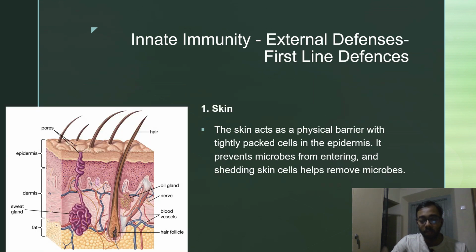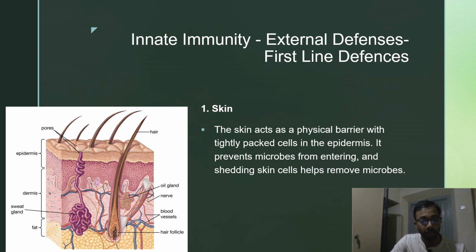Innate immunity includes external defenses as well as internal defenses. External defenses of innate immunity are the first line defenses against a pathogenic or external insult. Our skin acts as an external defense.